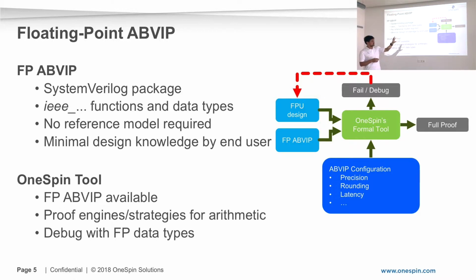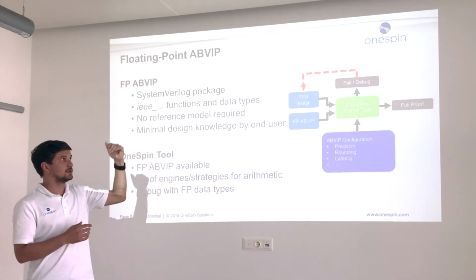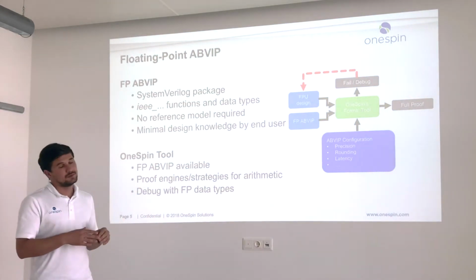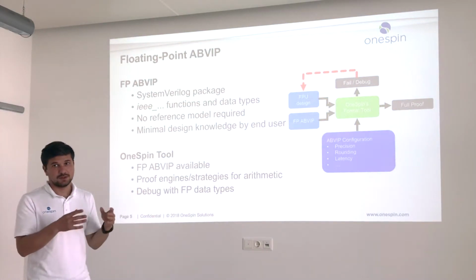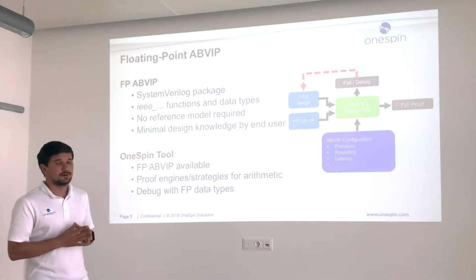Once this is configured, the formal tool runs the checks on top of the assertions. If one of the assertions fails, the user can debug and fix the bug in the RTL. If it gets a full proof, this means there is no way to violate it and the operation is IEEE 754 compliant.